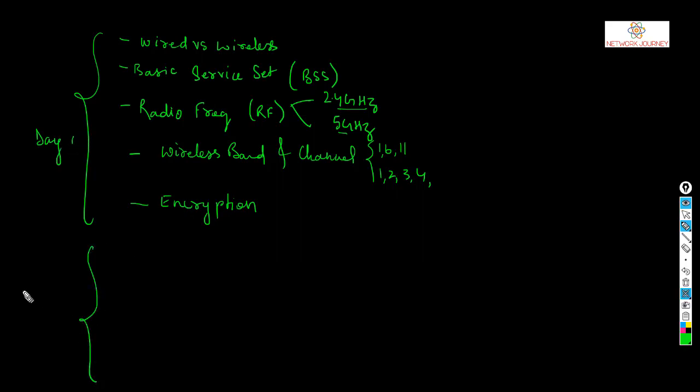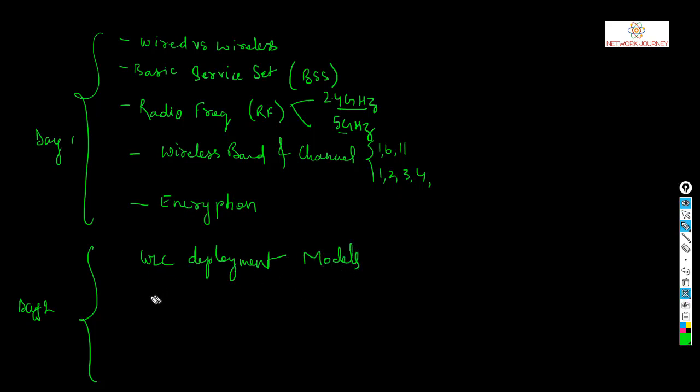So what do we have today? The topic is quite less for the day. Today we are just going to see 2 to 3 different topics. We have WLC deployment models.